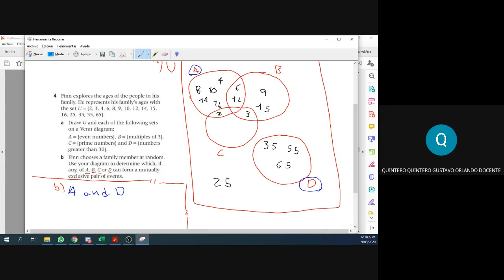Sure, there are some other places where the intersection exists. For example, this intersection exists, right? But in this case, the intersection is empty. In A and B, the intersection is not even possible to draw. I cannot draw it. So the intersection doesn't exist, so the probability is 0.